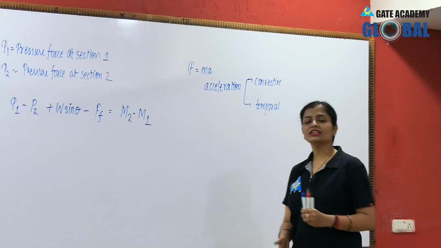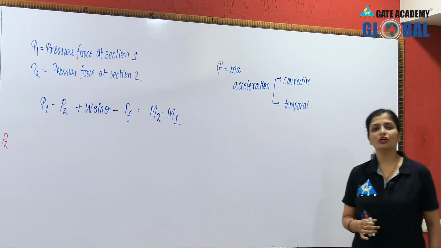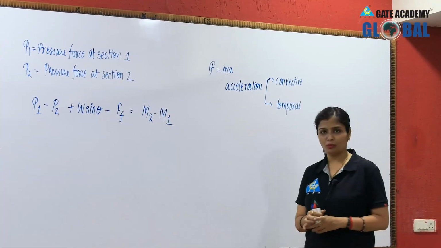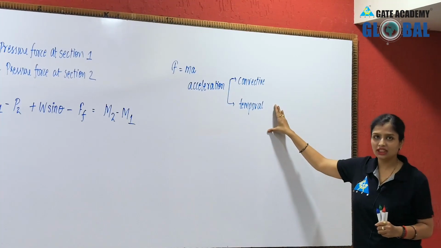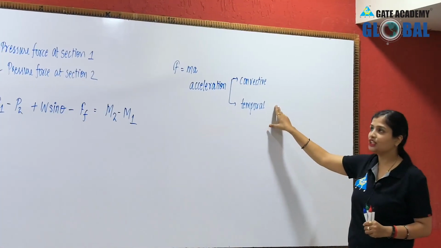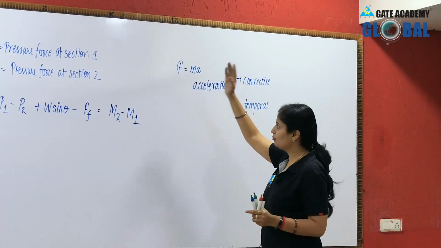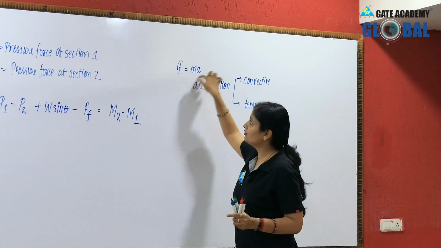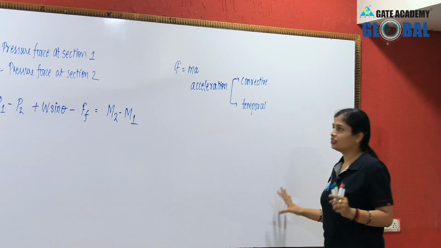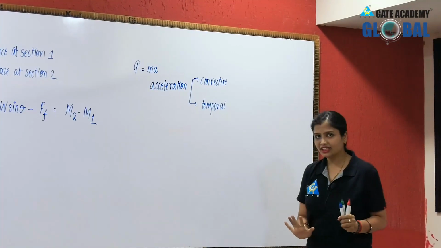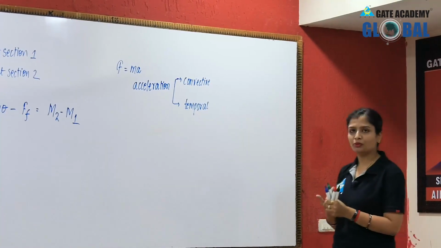Now, in case of uniform steady flow, both convective and temporal acceleration are 0, because of which your force, here I have denoted it by F, you can write it by P also. So force is equal to mass into acceleration, and acceleration is composed of convective acceleration and temporal acceleration.